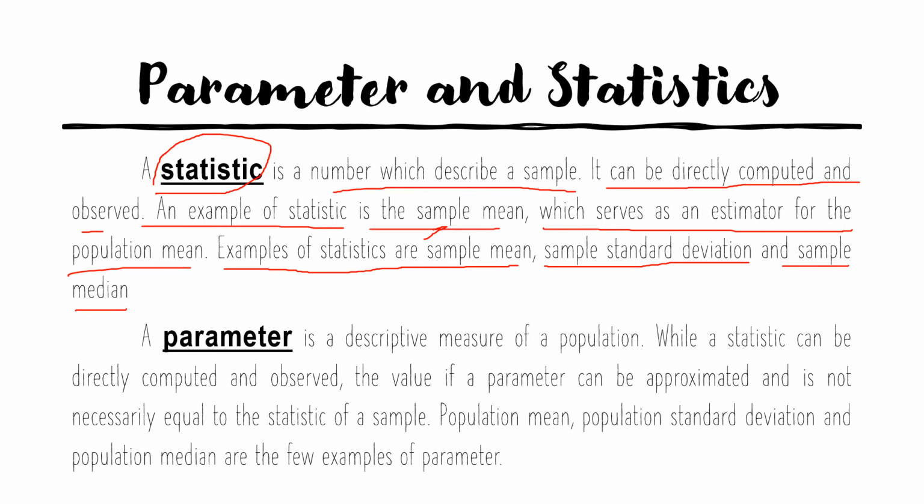So dealing with statistics now. Again, a statistic is the number that describes the sample. It can be calculated and observed directly from our formal definition. A statistic is a characteristic of a population or sample group. You will get the sample statistic when you collect the sample and calculate the standard deviation and the mean.